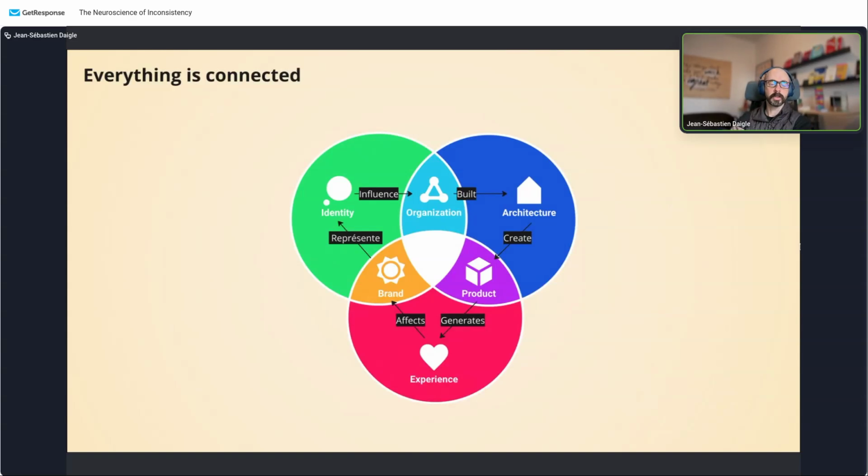Identity actually influences organization, the organization builds the architecture, etc. This is why in the examples I've shown you, they are connected in that order, because they are easier for us to understand when placed in this order, because we understand the relation between these things better. So it's easier to go identity, organization, architecture, etc. than to move from different spots to one another.